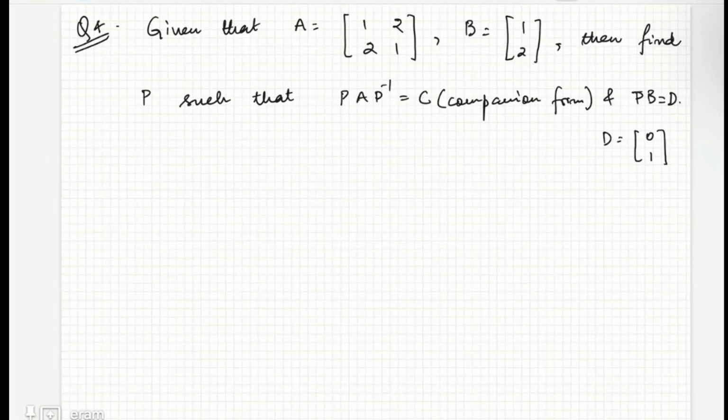So we have to find that matrix P that would transform the original system to its companion form.